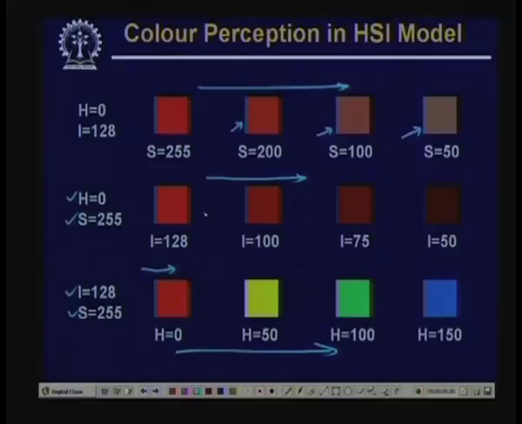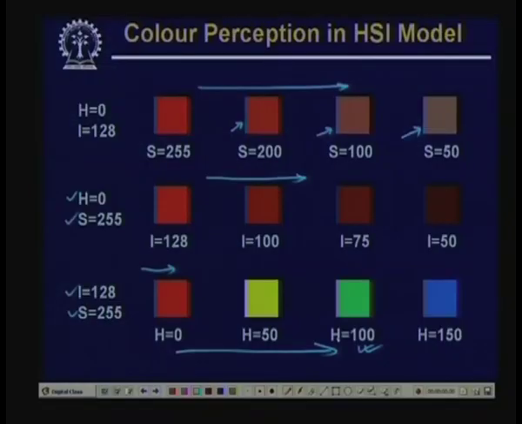In the second row the intensity is getting changed, but in the third row, keeping the intensity and saturation the same, we change the hue component, and it is the color itself that gets changed. When hue is equal to 100, it is the green color. When hue is equal to 150, it is the blue color, whereas when hue is equal to 50, it is a color between yellow and green.